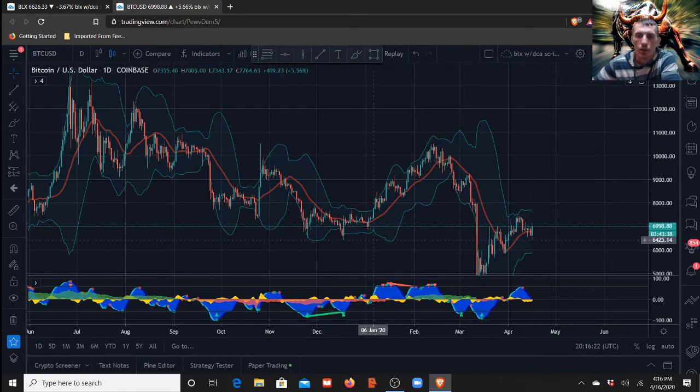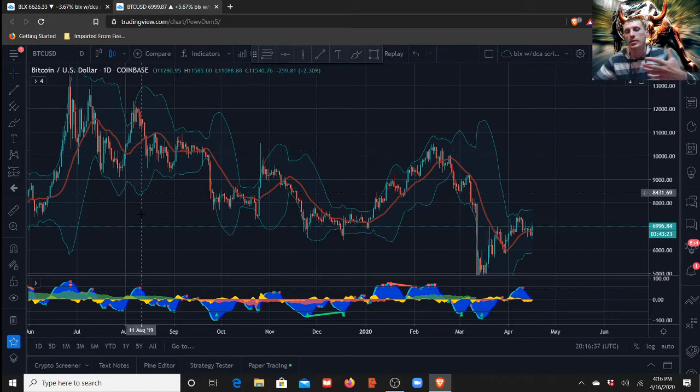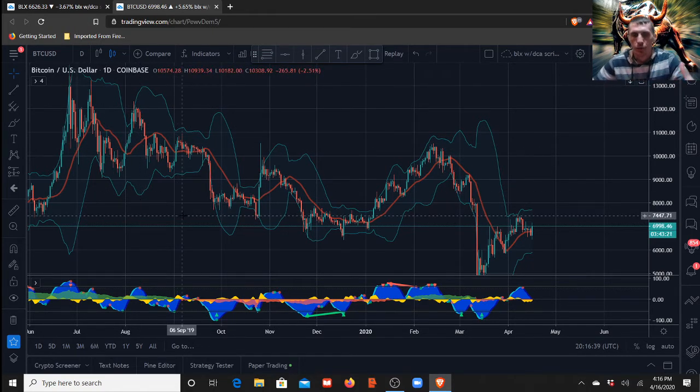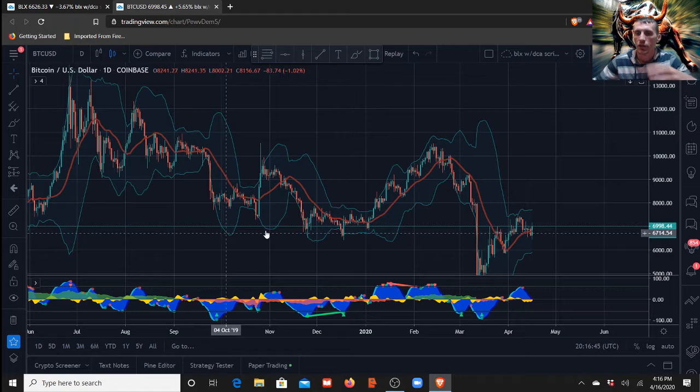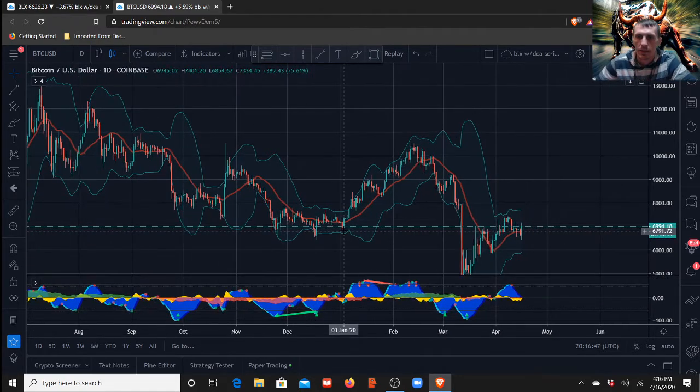I'm not so much looking, oh, we hit the top of the band, so it's time to short. It doesn't work like that every time. We may hit the top of the band and then keep on going. It just all depends. And then, like I said, you use your support and resistance. You use your higher highs, higher lows, lower highs, lower lows in conjunction with everything that you're doing.